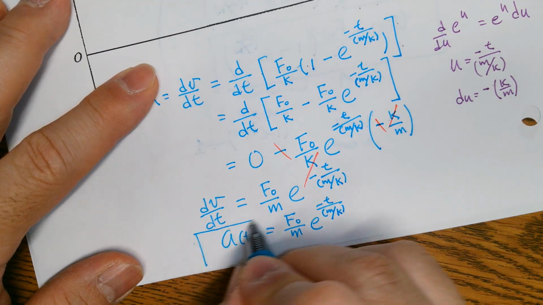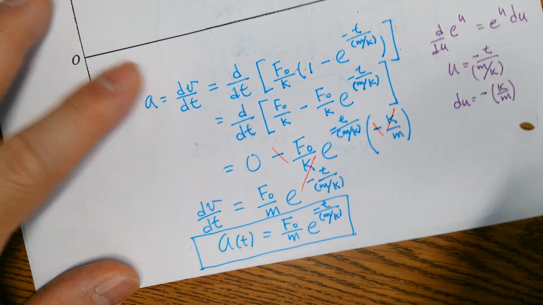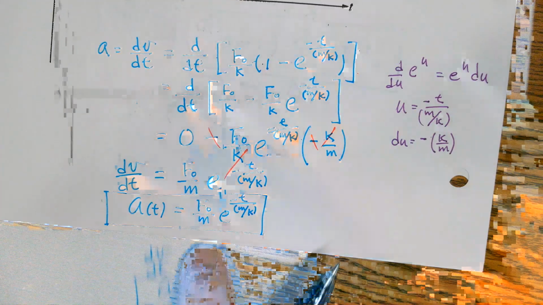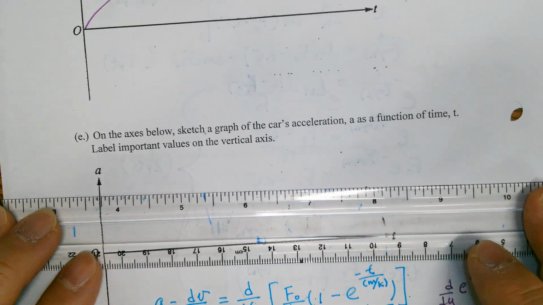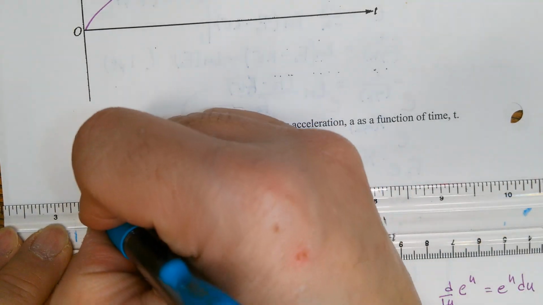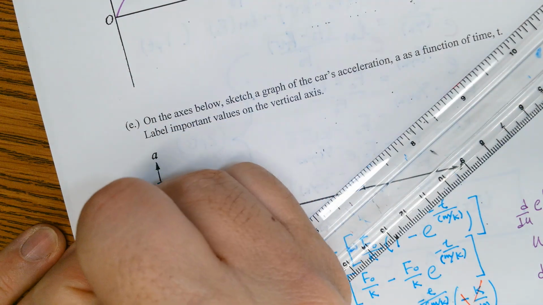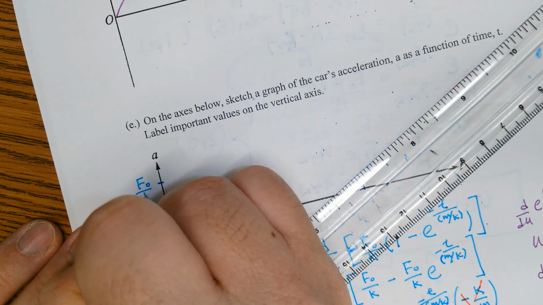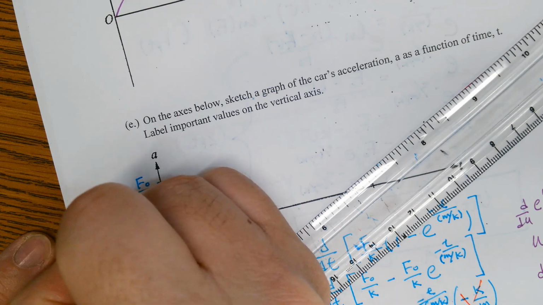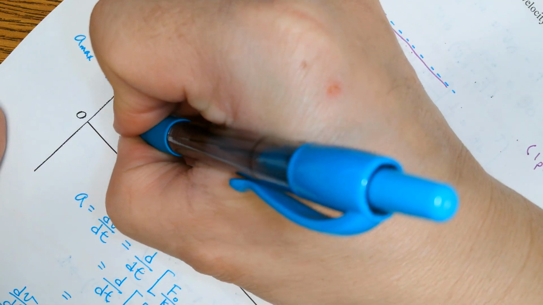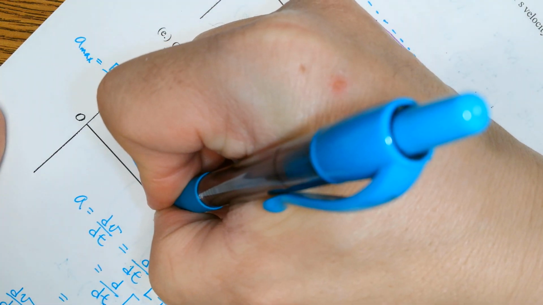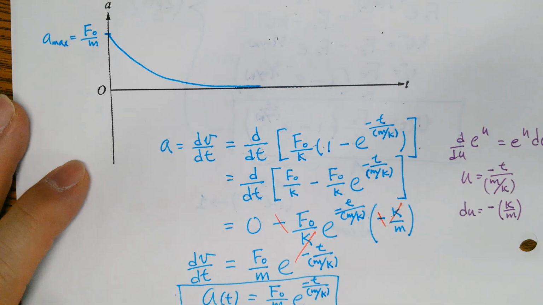So if you were to graph this, your acceleration maximum will be F naught over m. So here's your acceleration, F naught over m as your a max, and it will pretty much decay from there to 0 as we approach infinity and beyond.